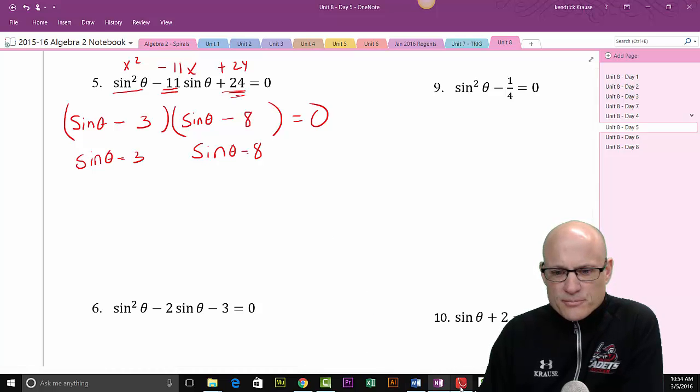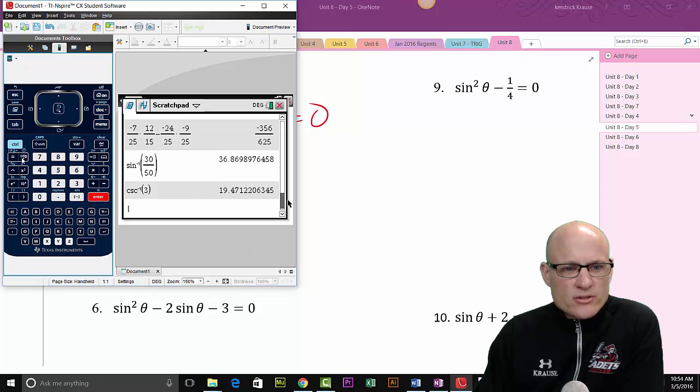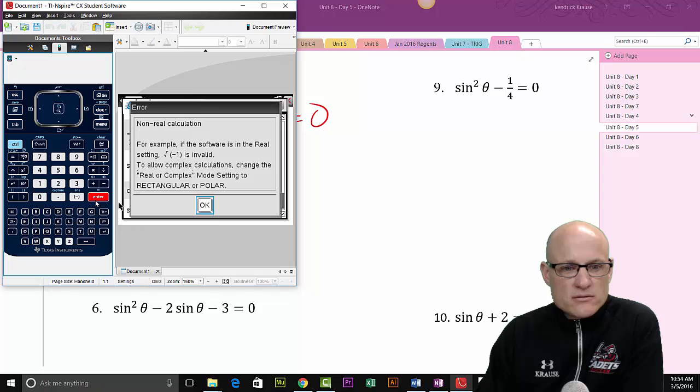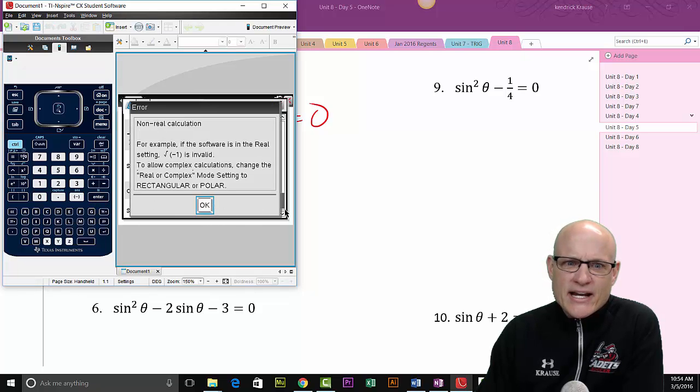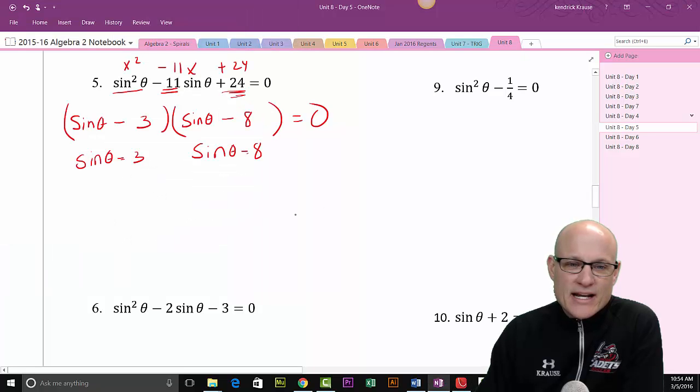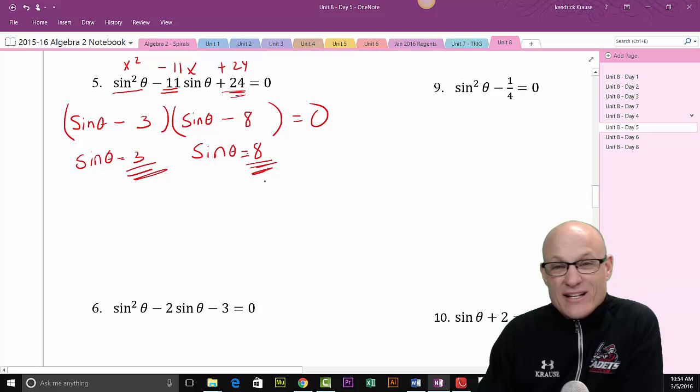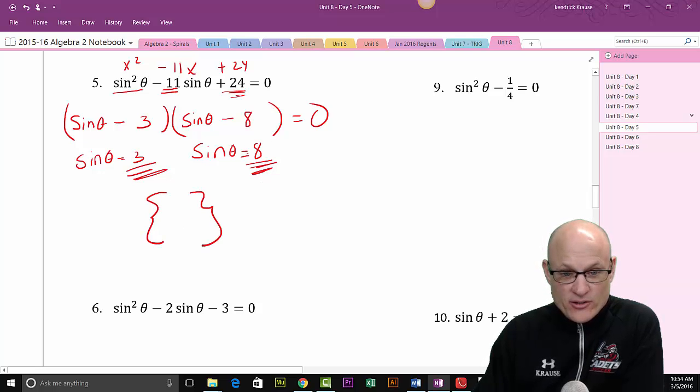So, let's go inverse sine of 3. Oh yeah, I got to remember something. That thing I got to remember is that sine cannot be bigger than 1 or less than negative 1. So you can never have a number over here bigger than 1 or less than negative 1 when it's sine or cosine. So actually the answer to this question is just the empty set.